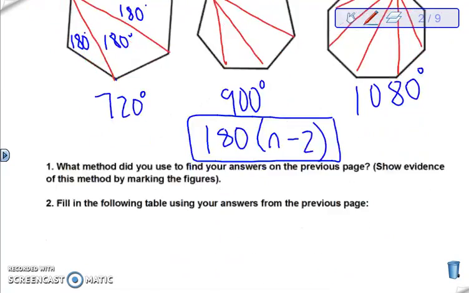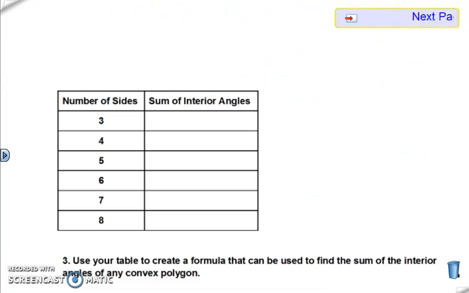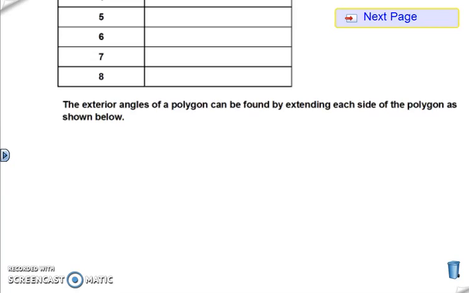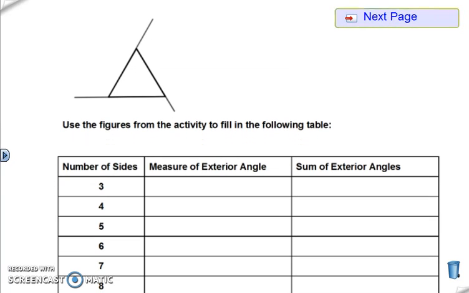One other quick thing to look at is the exterior angles. This is mostly going to work for regular polygons for this demonstration, but the idea is going to be the same. Let's say we take this triangle and it's treated as equilateral. So these would each be 60 degrees because we know the total is 180, and 180 divided by 3 gives us 60.